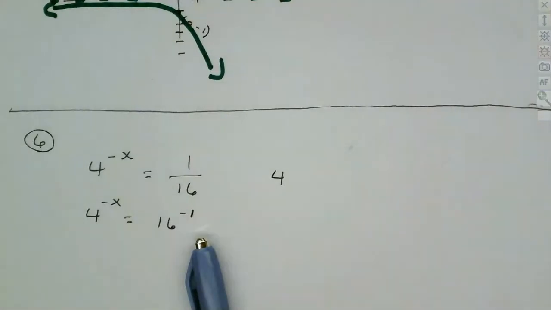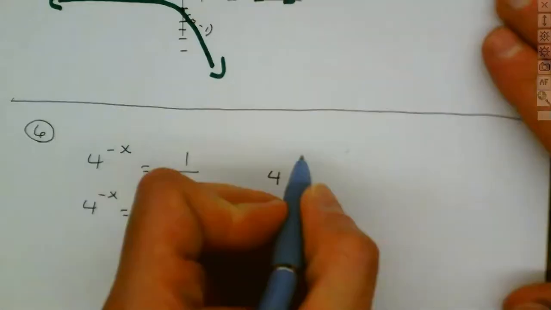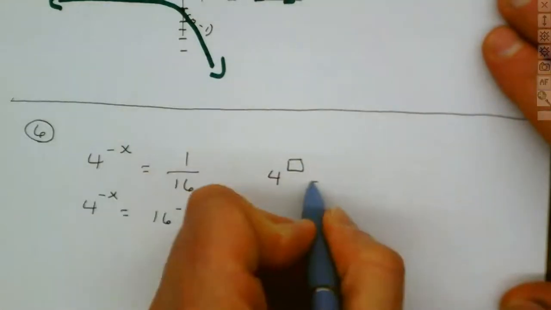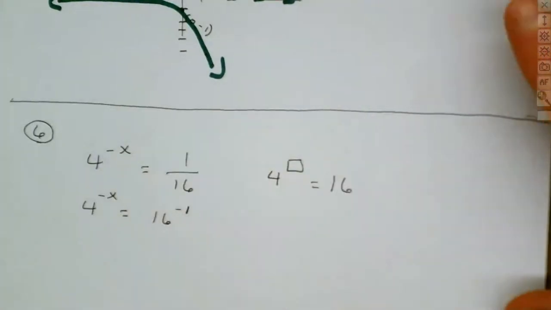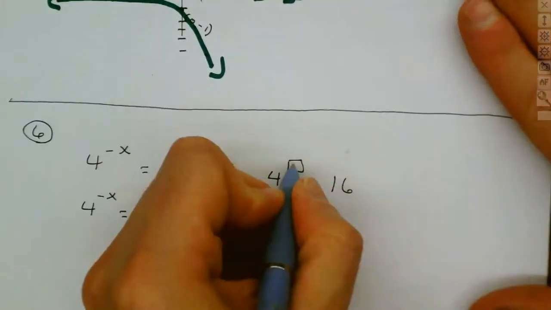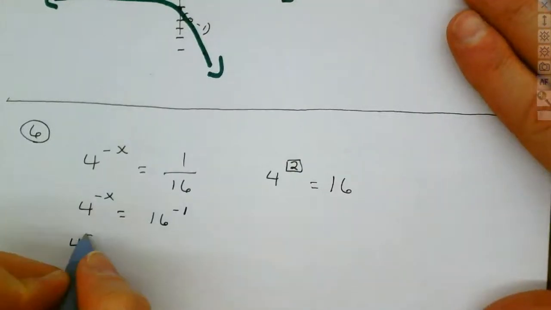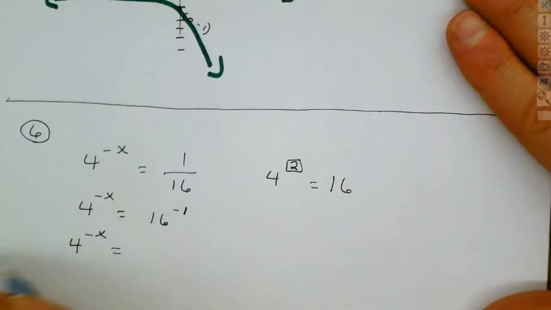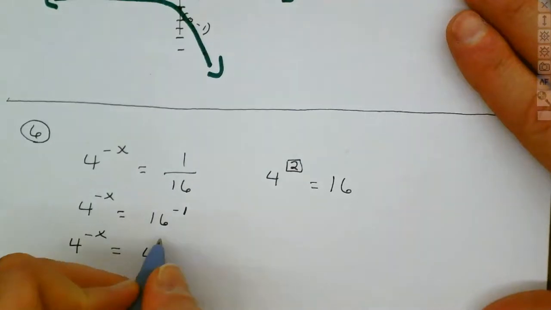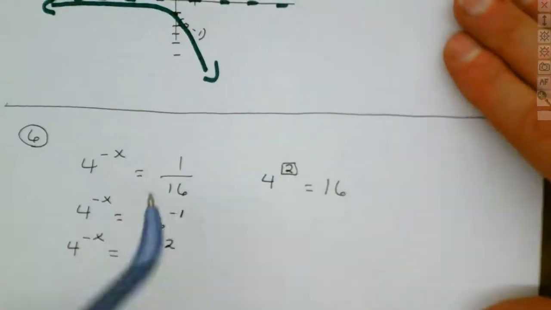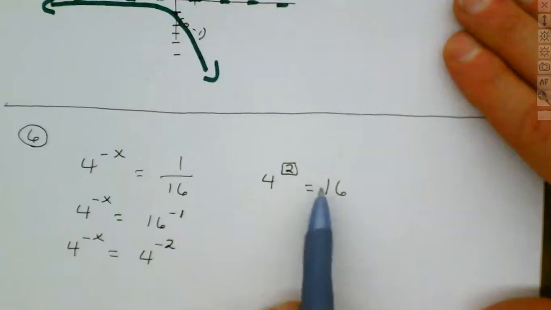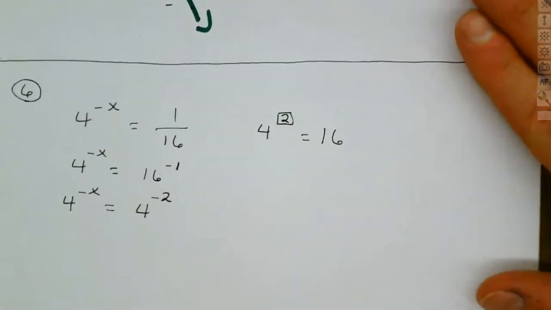So what do we know about 4? 4 raised to what power now makes it 16? 4 raised to the second power. So now when I rewrite it, I've got 4 to the negative x equals 4 to the negative second power. Because the negative there, and we know that 4 squared is 16.